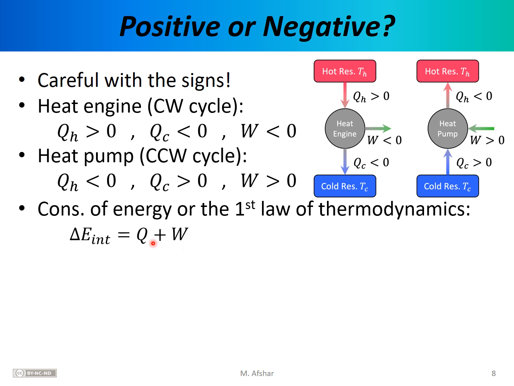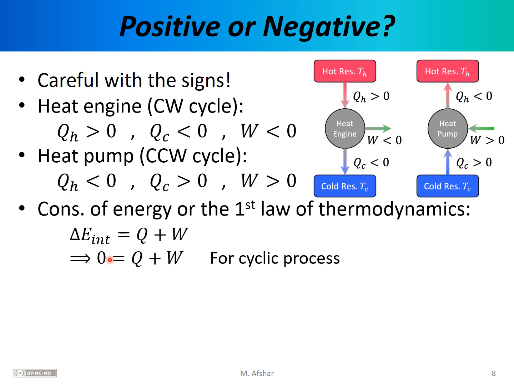I've simply dropped the subscript net for simplicity in this context. Now, since we're talking about thermodynamic cycles, since we're ending up where we started, the change in internal energy must be zero. So for any cyclic process, we can say Q net plus W net must equal zero.